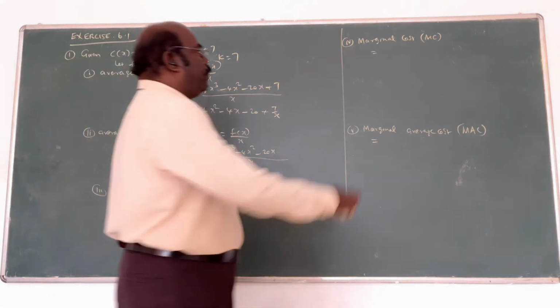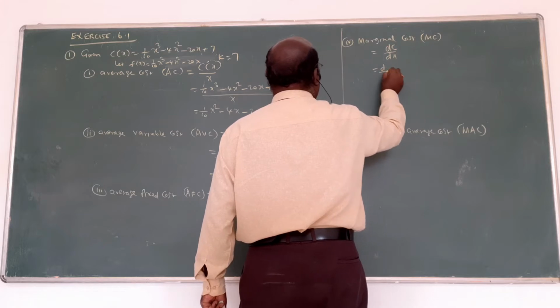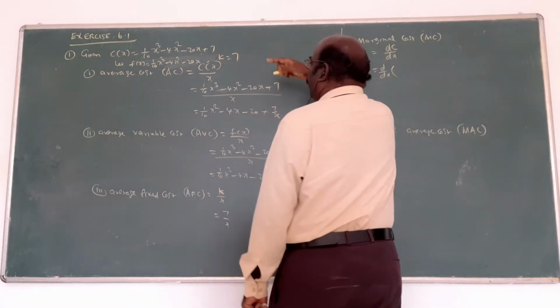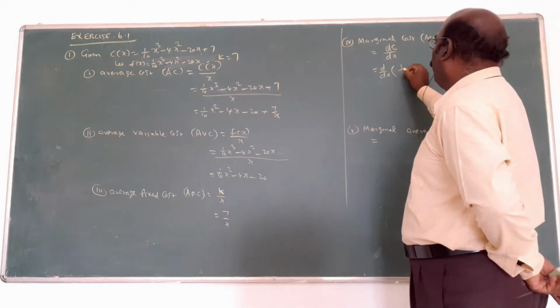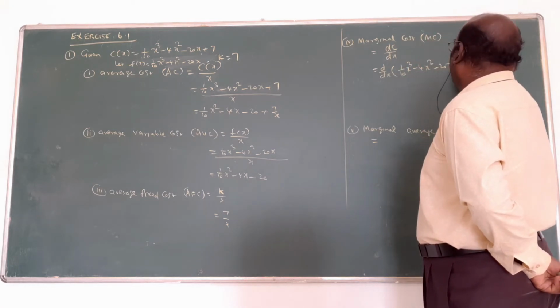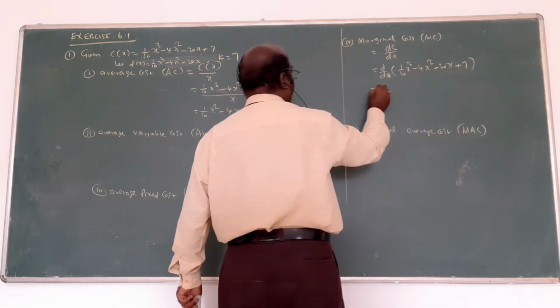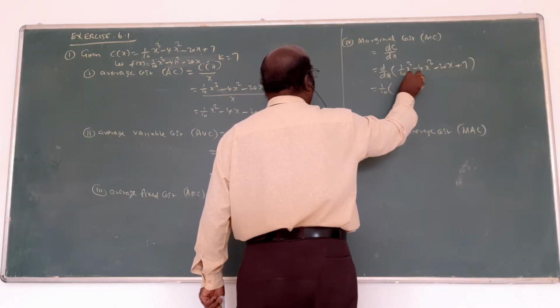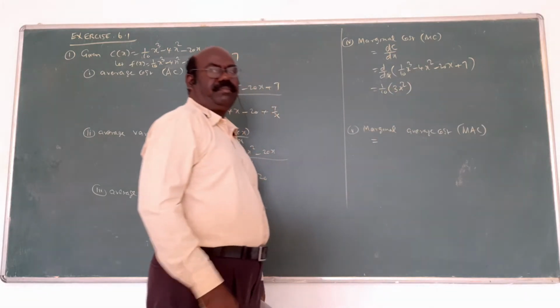Now marginal cost means dC by dx is the formula. So d by dx of C, C of x is 1 by 10 x cube minus 4x square minus 20x plus 7. Now differentiate this with respect to x. 1 by 10 is constant, x cube differentiates to 3x square.